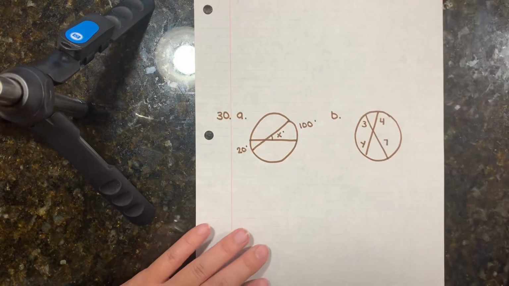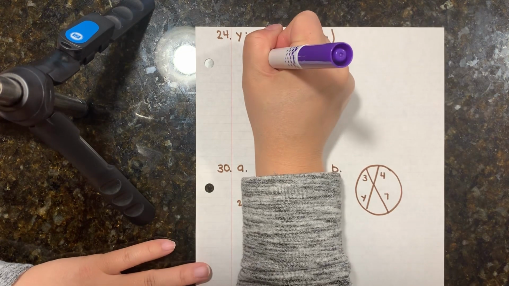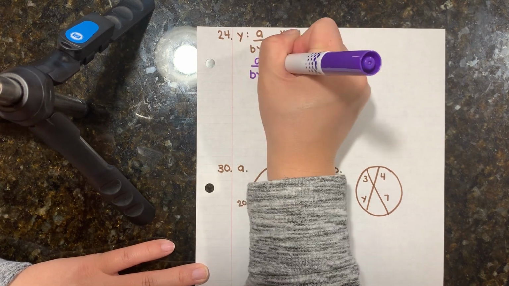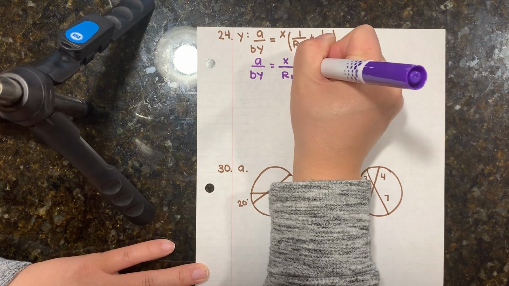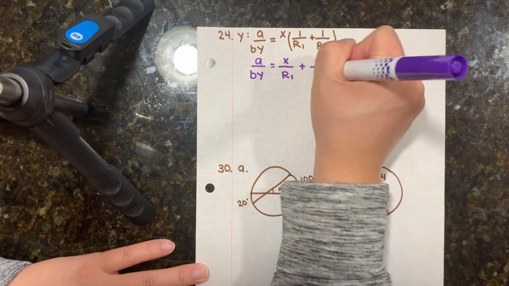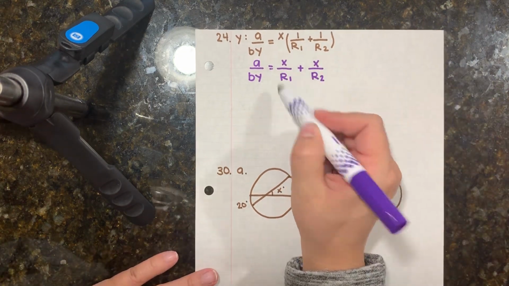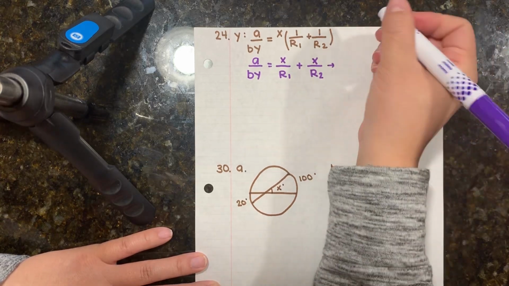Now we're going to look at number 24, which is similar to the one we just did. The first thing that I'm going to do is distribute my x on the right-hand side, leaving the left side as is. So a over by equals x over r1 plus x over r2. Then I want to add these fractions on the right-hand side by making a common denominator.